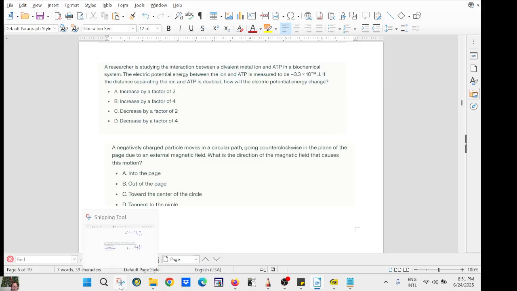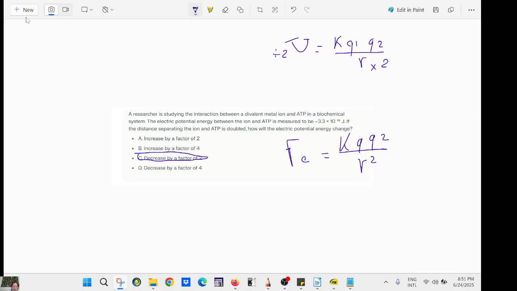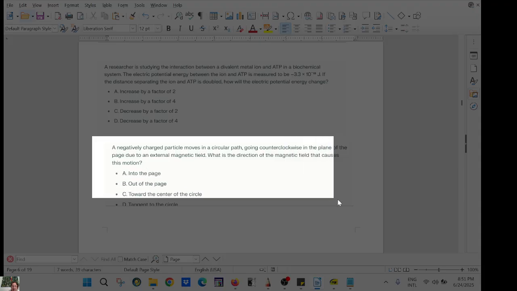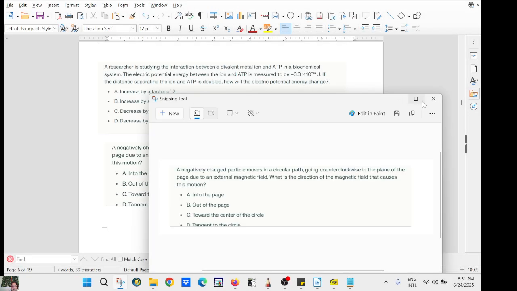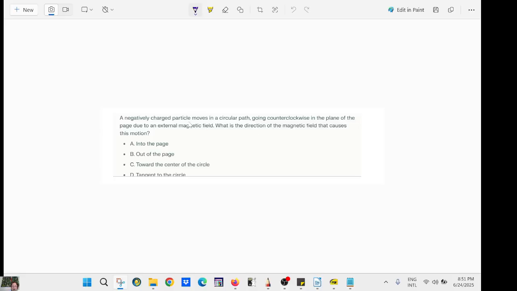So this is the question about using the right hand rule. Okay, so here we have a negative charge particle and it's going counterclockwise. So it means it's going this way. So if you take that point here, okay, so it's a negative charge, so minus Q. So if you take that point here, it means the velocity is this way.